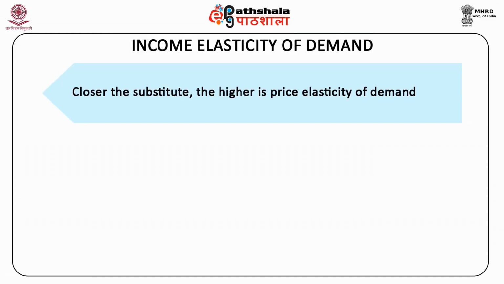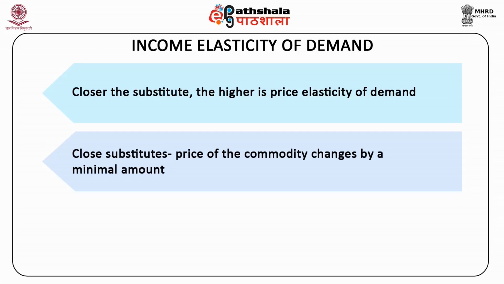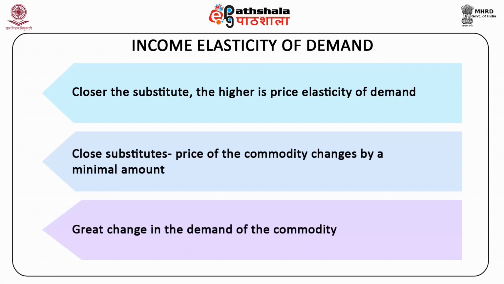The closer the substitute, the higher is the price elasticity of demand. This is so because if there is availability of close substitutes, then if the price of the commodity changes by a minimal amount, people will start substituting it with its substitutes, and thus there is going to be a great change in the demand of the commodity.